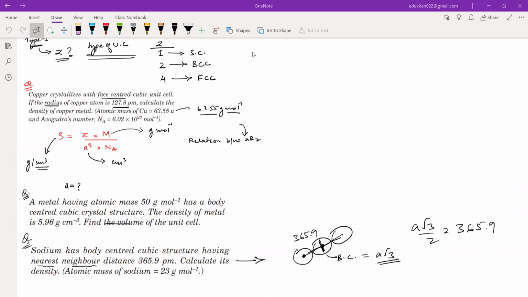I used it only for the third sum. But try not to use a calculator, okay? Because you will not be given calculators. Yes, sir.